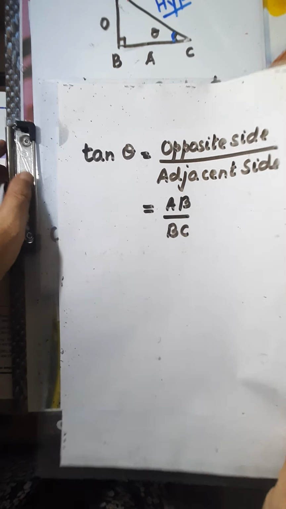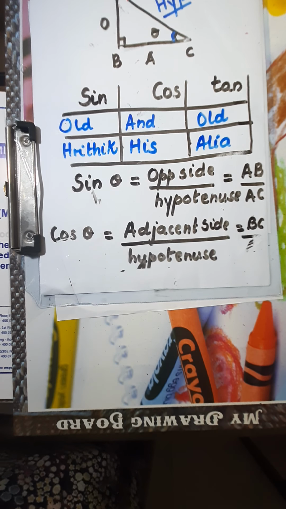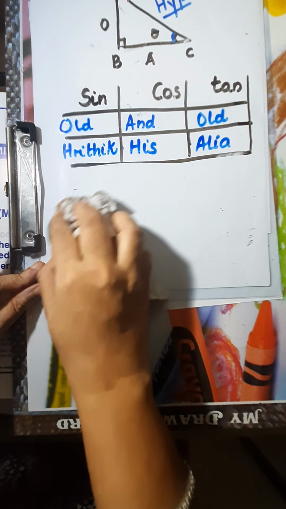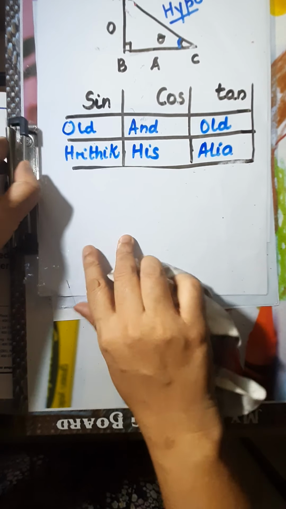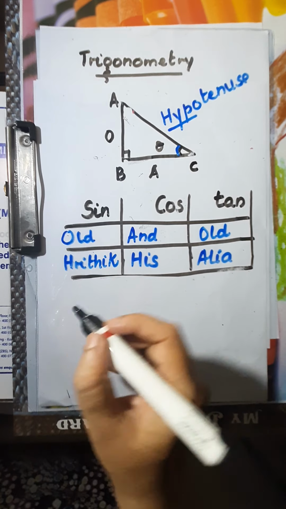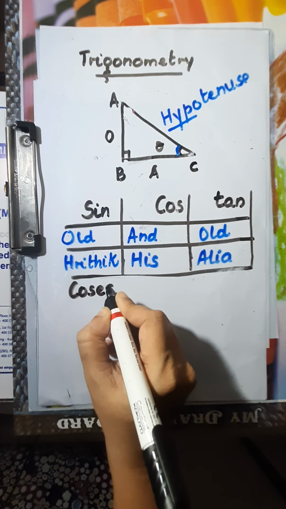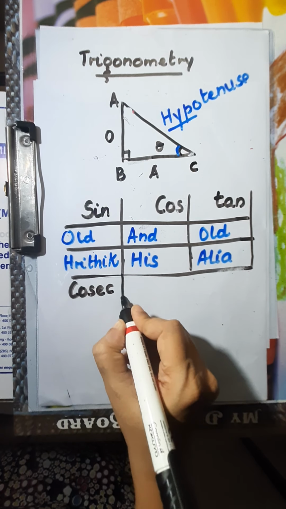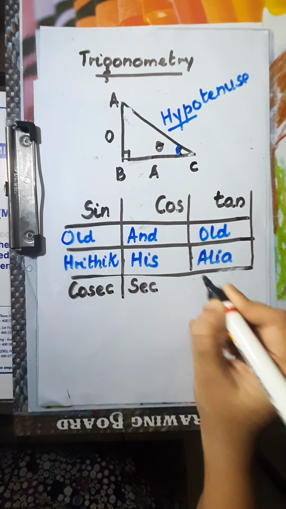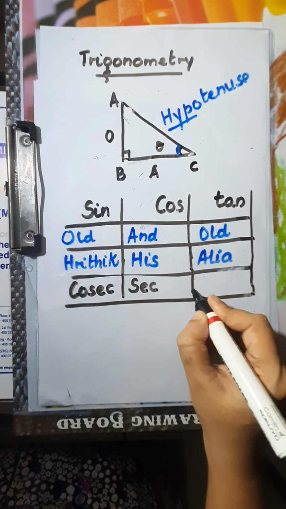Now there are three more ratios which I am going to teach you. They are not there for 9th standard, but there is no harm in you learning it, right? Now, the opposite of sine, opposite means reciprocal, is cosec, cosecant. The opposite of cos is sec, and the opposite of tan is cot.